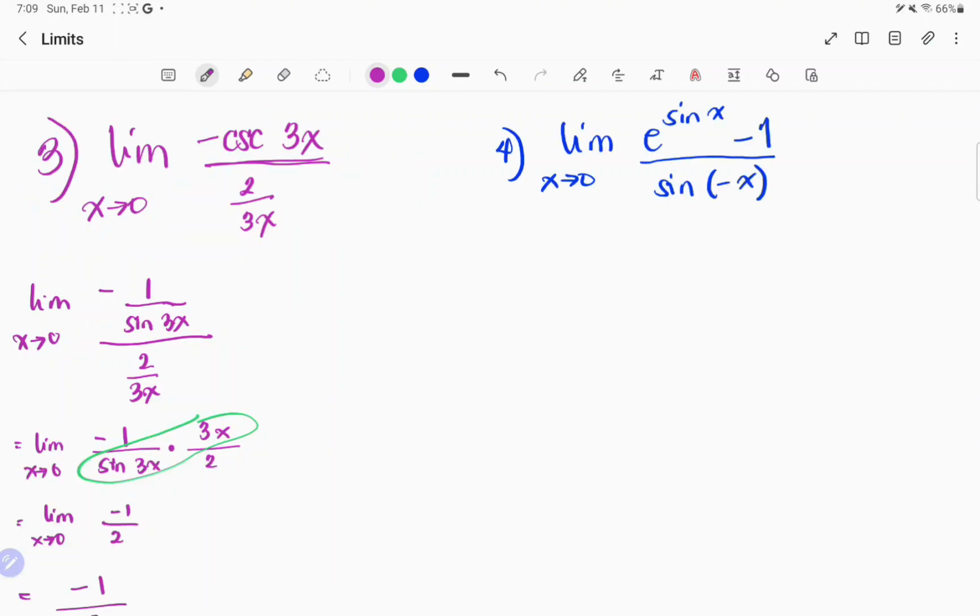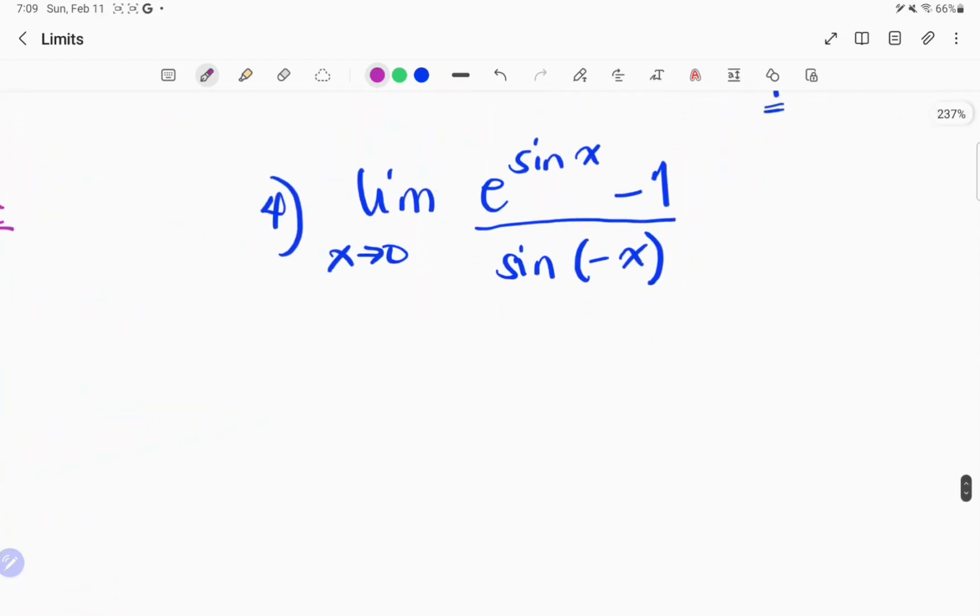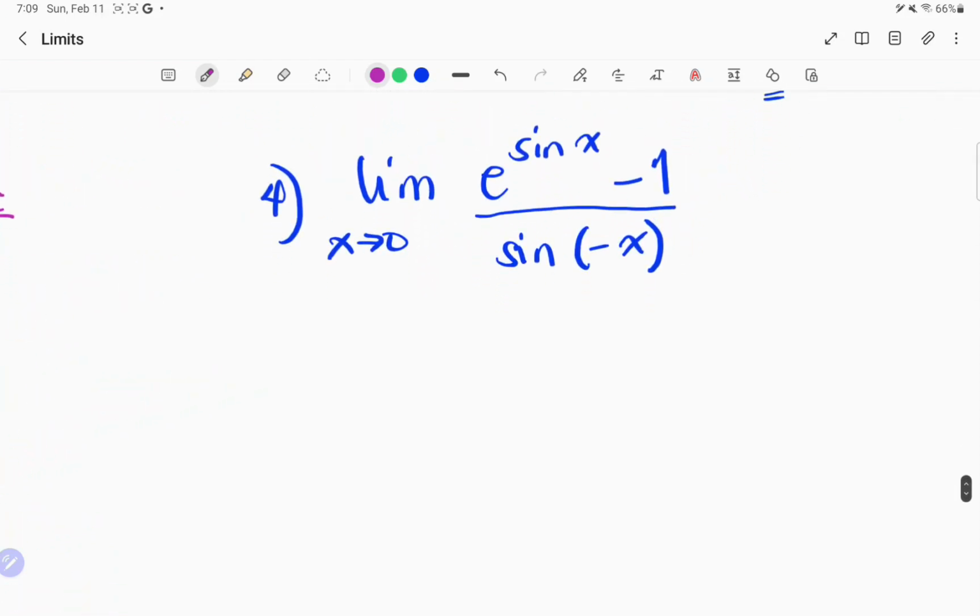Example number 4, we have the limit of e raised to sine x minus 1 over sine of negative x as x approaches 0. In this function, as you can see, the exponent of e is sine x, meaning we have to produce sine x also in our denominator. However, we have sine of negative x in the denominator.